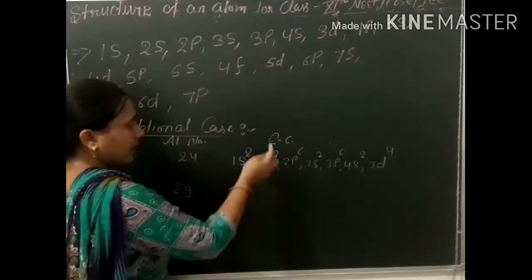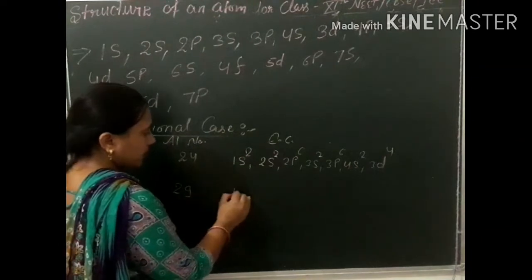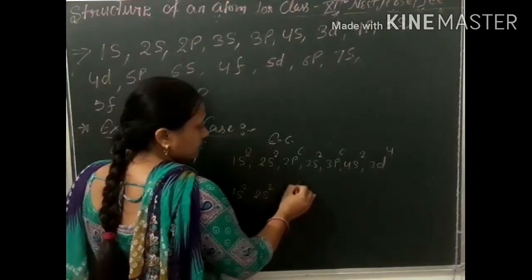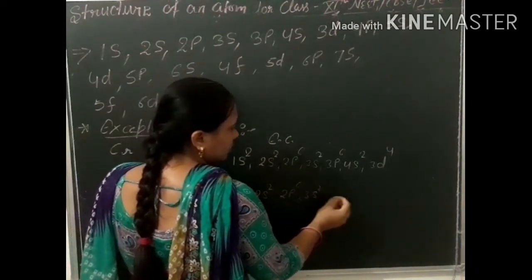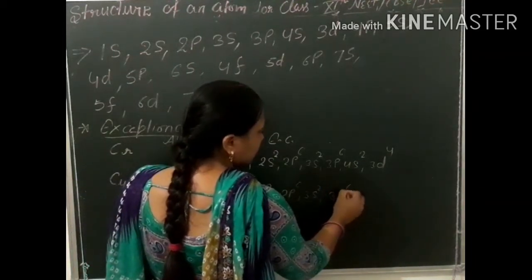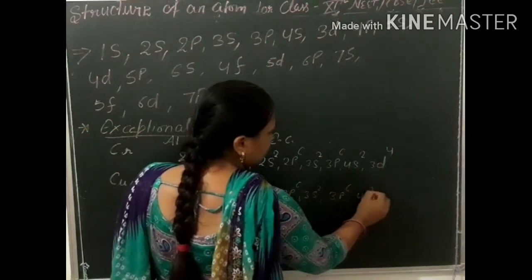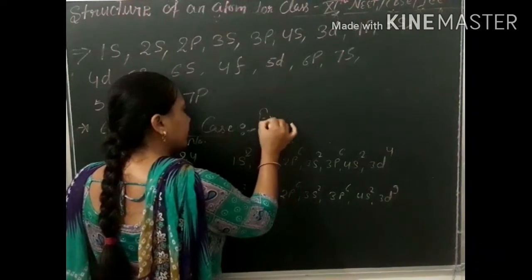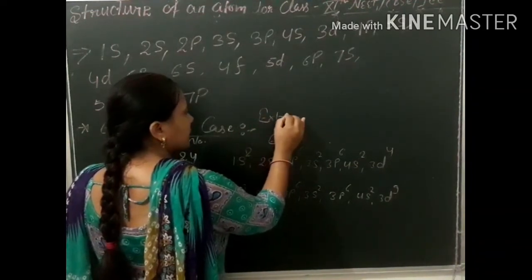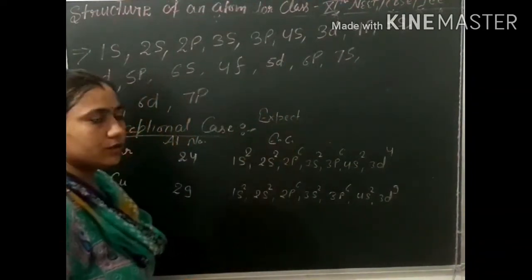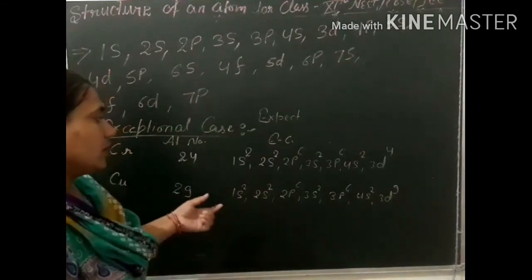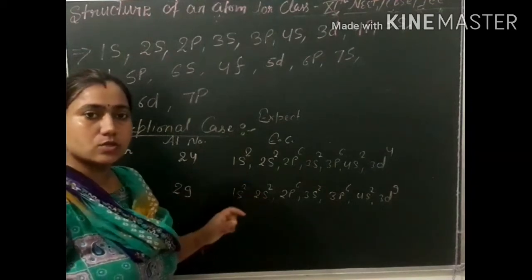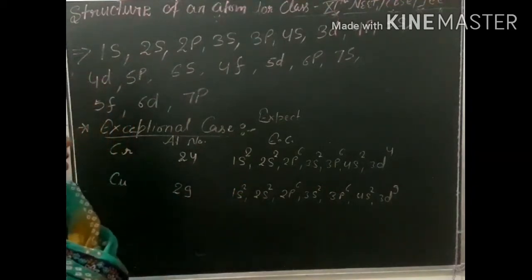And the electronic configuration of copper would be 1s2, 2s2, 2p6, 3s2, 3p6, 4s2 and 3d9. Now this is the expected electronic configuration, but in reality it is not. Chromium and copper do not have this type of electronic configuration.